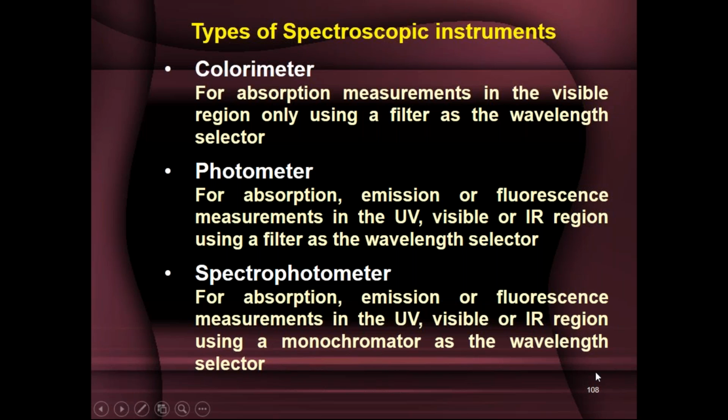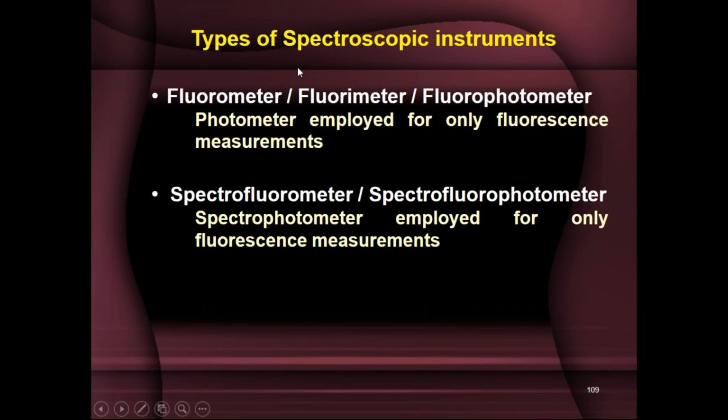Whenever you have a monochromator as wavelength selector, the instrument will be prefixed by the term spectro. Remember that if you are calling any instrument by the word spectrophotometer, and subsequently in the next slide you'll see the spectrofluorimeter, it refers to an instrument where the wavelength selector is a monochromator. Okay, now we have seen photometer can be used for all these measurements. If it is specifically used only for fluorescence measurement, then it is called a fluorometer, a fluorimeter, or a fluorophotometer.